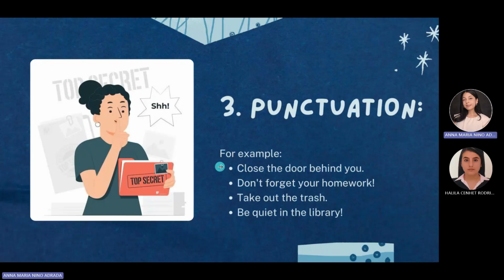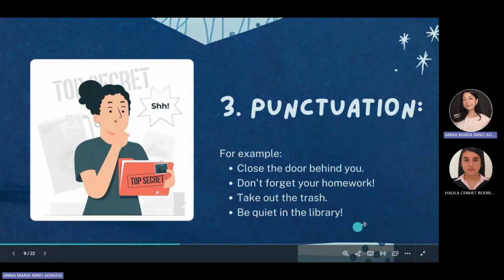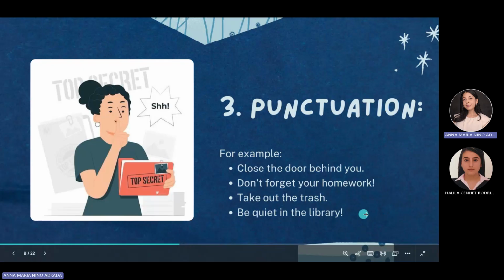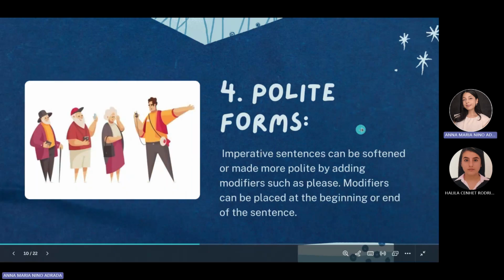But you can write, close the door behind you, or don't forget your homework. Just take out the trash, or be quiet in the library. This is mostly when you're speaking and you want to add more emphasis with the punctuation. So that was the third.